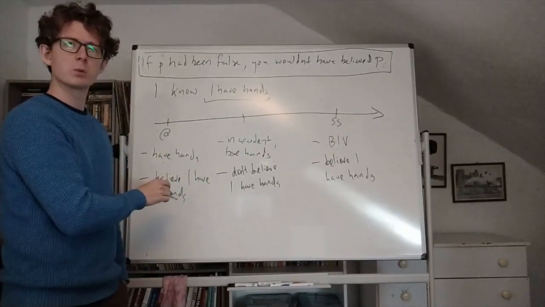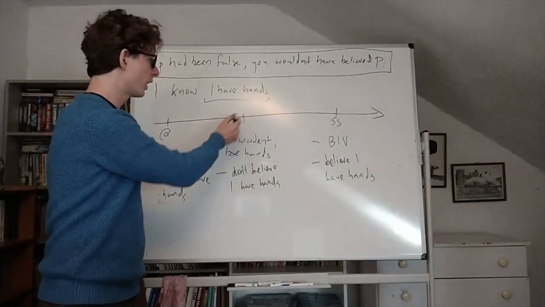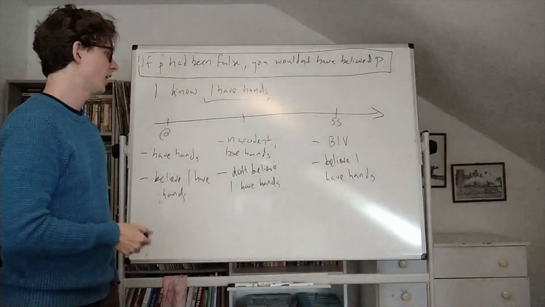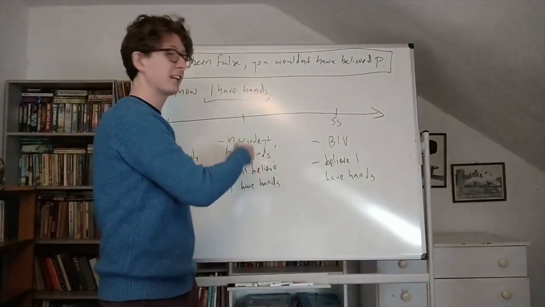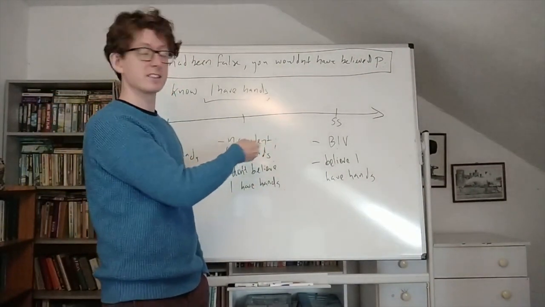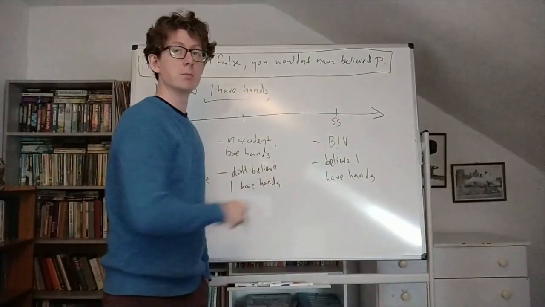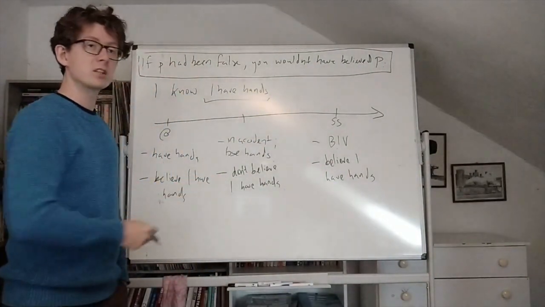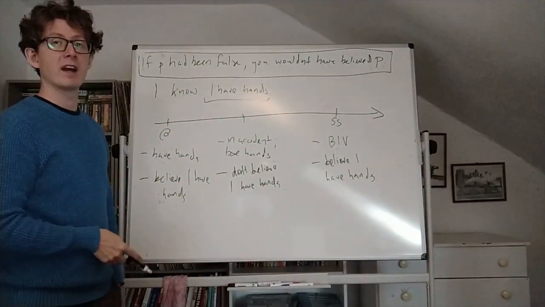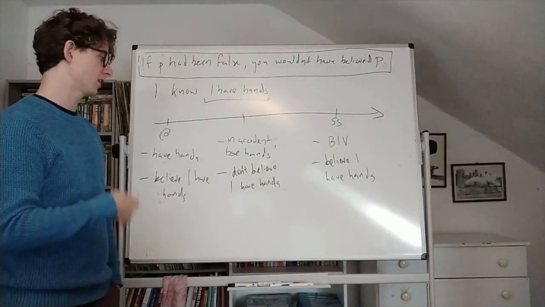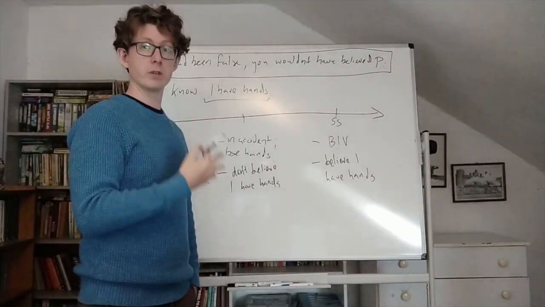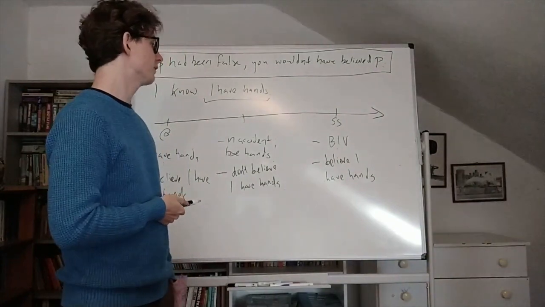The most similar worlds where I don't have hands are worlds much more like this one, where I'm in an accident. Being more or less the same but in an accident is much more like the actual world than being a brain in a vat. And of course, in those worlds, I don't believe I have hands because I'm aware that I was in the accident, and I respond appropriately with my beliefs.